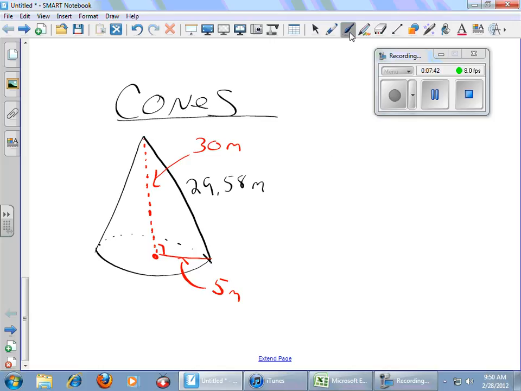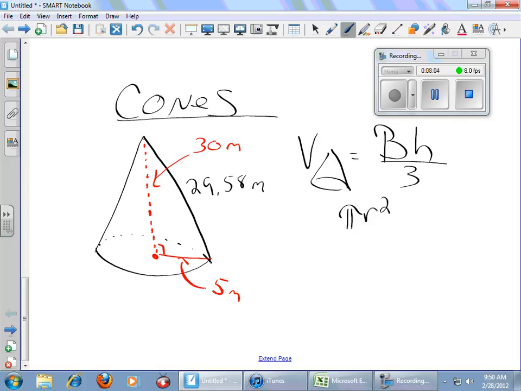Okay. Now the volume is pretty easy. The volume of a cone is just like doing the volume of a pyramid, except that your base is a circle. So I have to do the area of the base, multiply by the height, and divide by 3. Well, the area of the base is a circle, so that'll be pi r squared times h, the height, right? And I'm going to divide that by 3. Well, pi, we use 3.14 for an approximation.